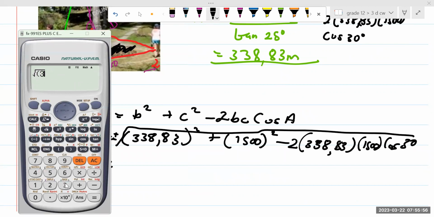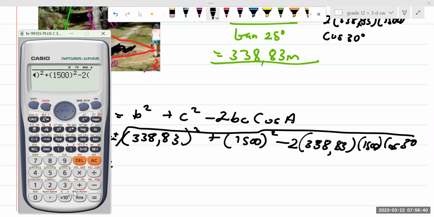Open brackets, you have 338.3. And I think I have it as an answer, so I can simply say answer all squared plus 1,500 all squared minus 2. I opened two brackets here, that's a mistake, it should be one bracket.